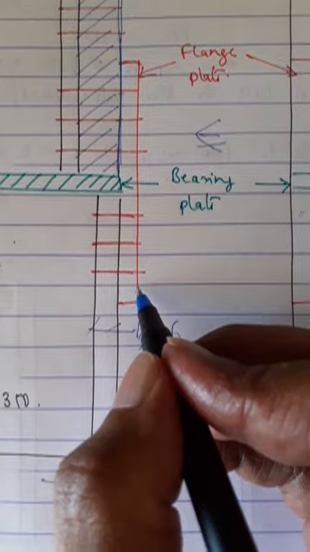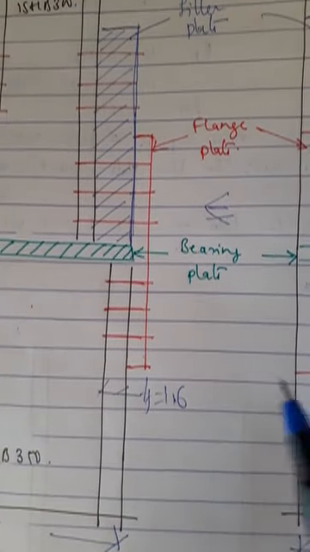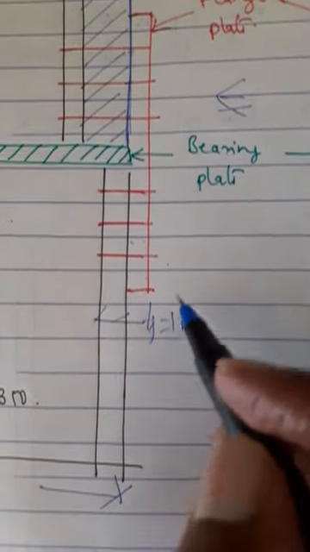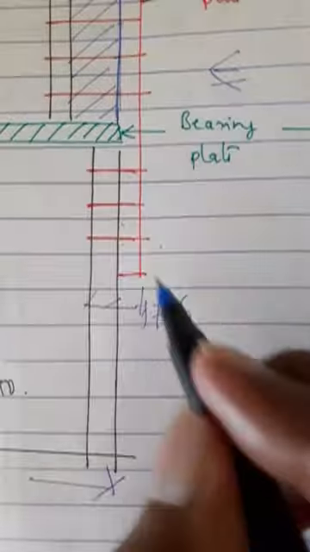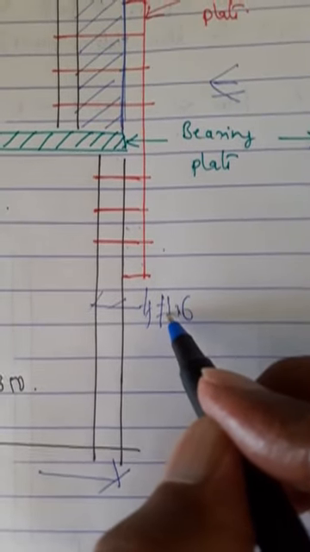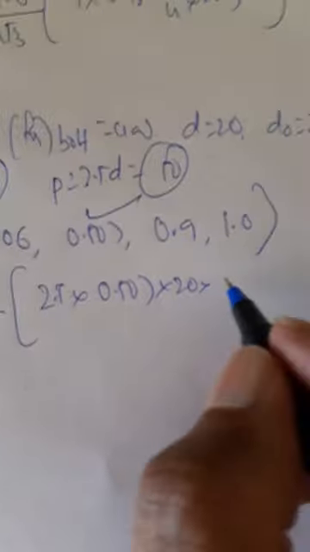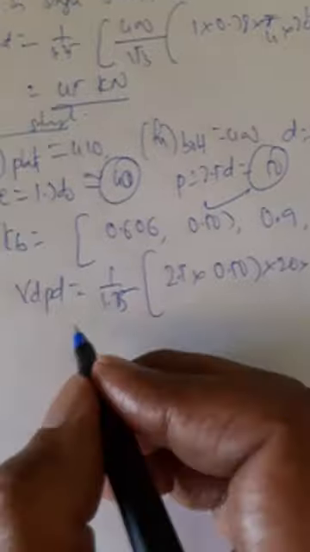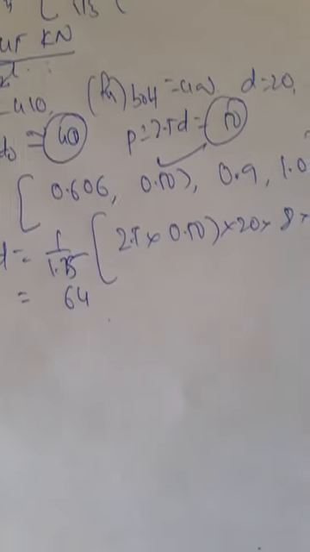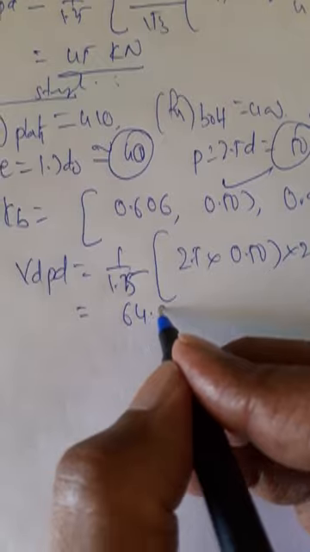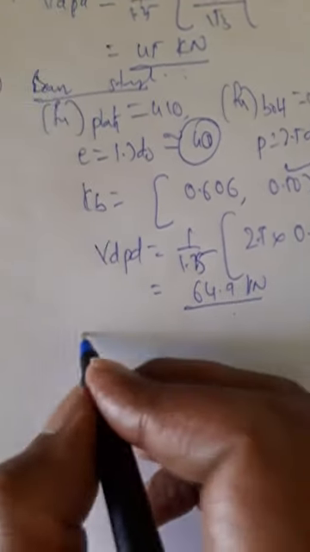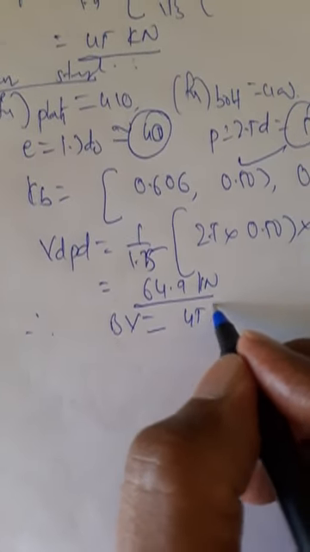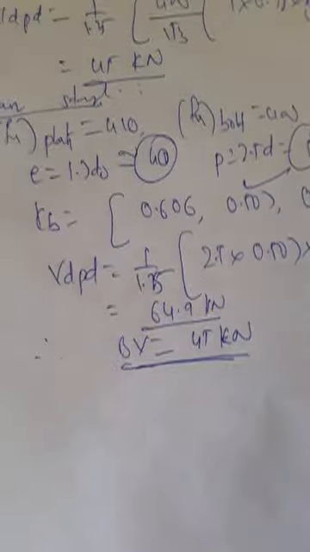The thickness of flange plate is 8 mm. So here I have to compare between 11.6 and 8. Whichever is the least value, that I have to take. So here thickness T is 8 mm into FU. Solving this, I have the answer 64.9 kilonewtons. Therefore, bolt value is equal to 45 kilonewtons. Whichever is the least, that you have to consider.